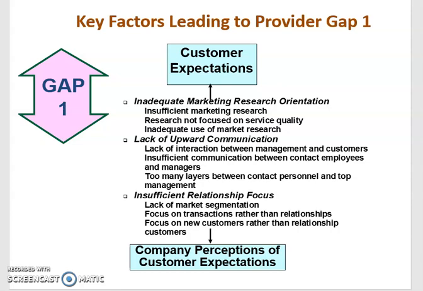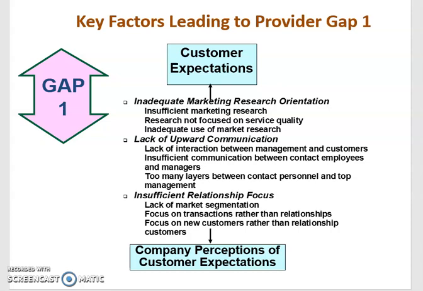If the research is not focused on service quality, the customer will not be able to understand what a company tries to offer to the end users. Inadequate use of marketing research is also one of the main factors determining how things are not going the right way.